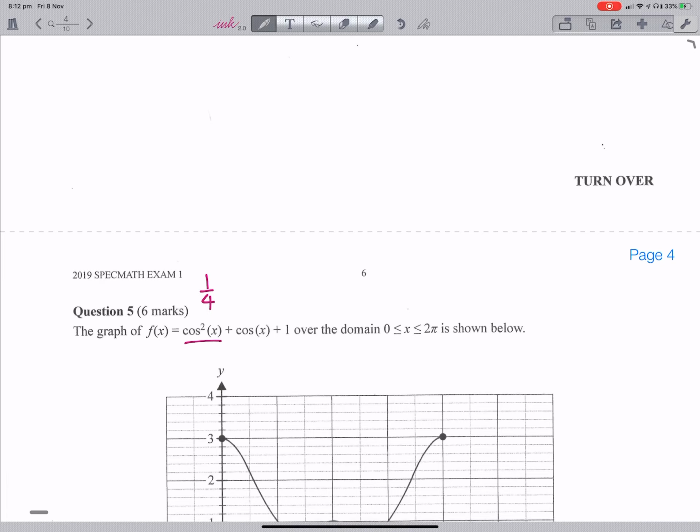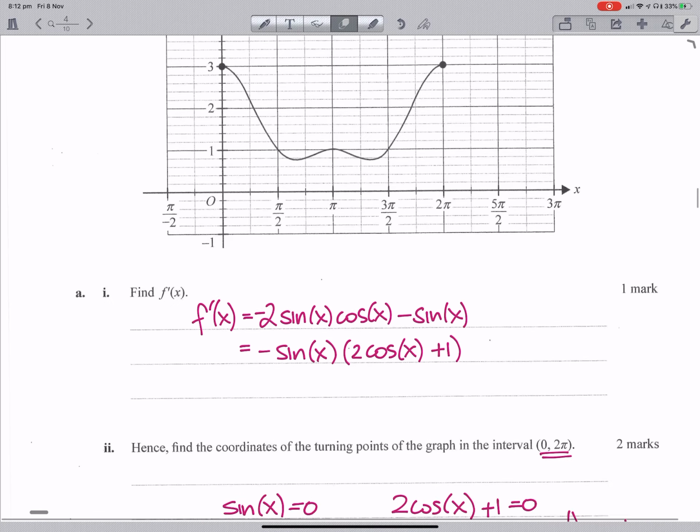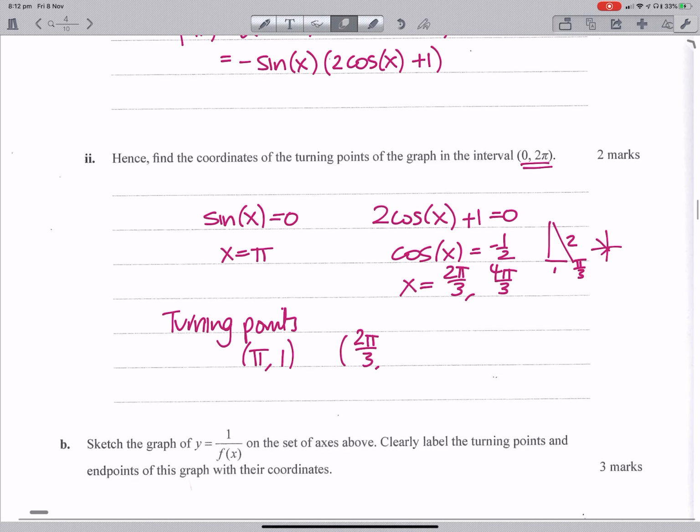And then negative a half plus 1. A quarter minus a half plus 1, it's 3 quarters, which looks about right on the graph. So 3 on 4. 4 pi on 3, 3 on 4.